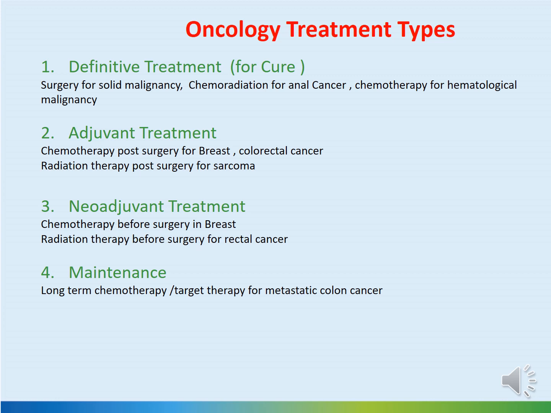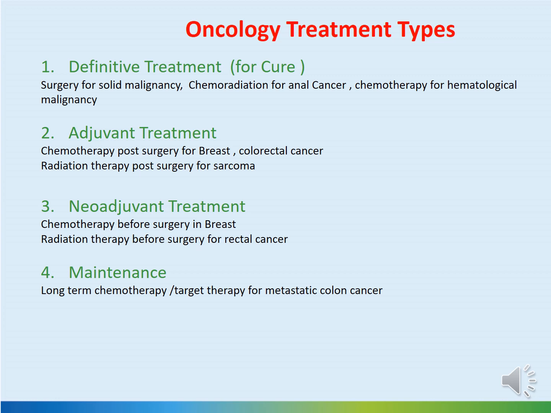What does that mean in a simple sentence? Some types of treatment we give for a cure, as a definitive treatment. That means it will be the main treatment for this cancer. For example, with solid malignancy like breast cancer or colon cancer, the main treatment is surgery.